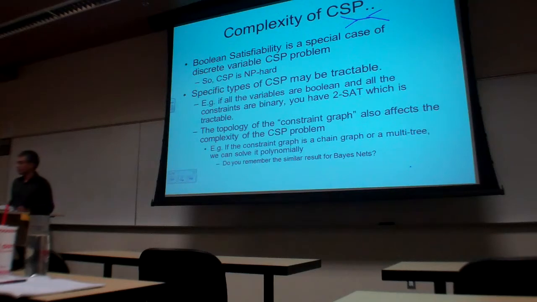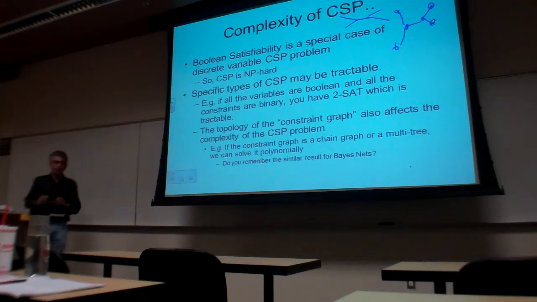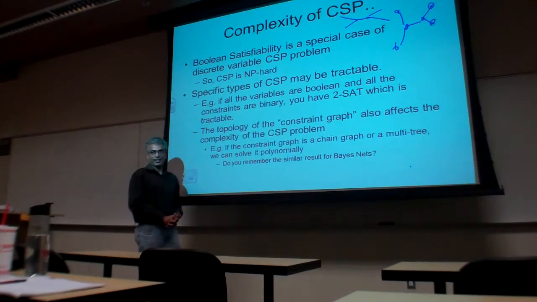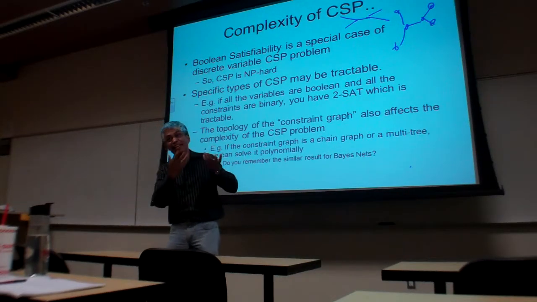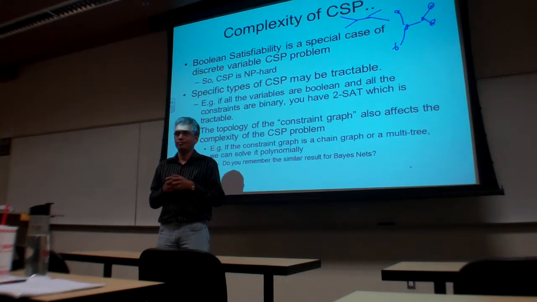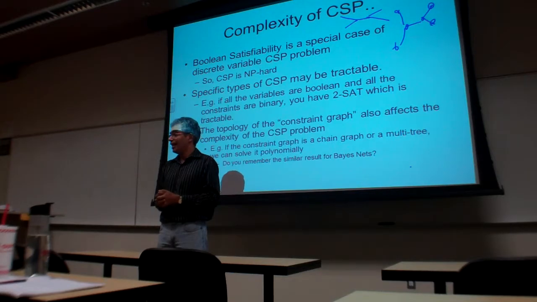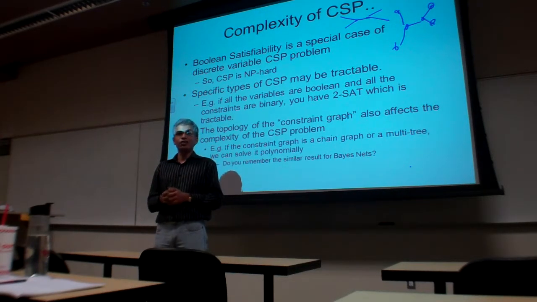You would have seen this as a tree already, right? That's a tree. It turns out this is also a tree. It's a multi-tree. Okay? If your constraint graph is a multi-tree, or what is also called a singly connected network, then it's guaranteed that you can solve this problem in polynomial time.